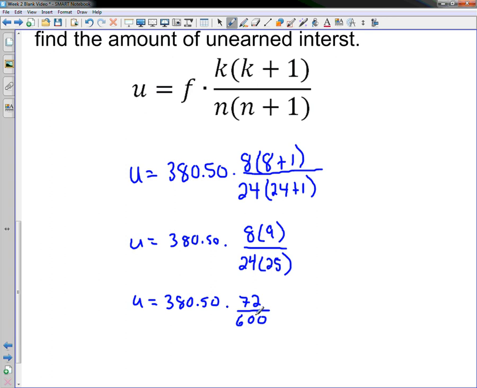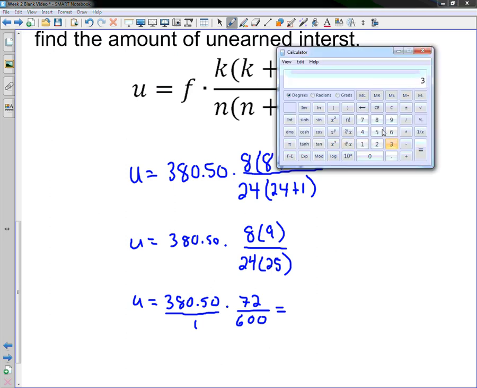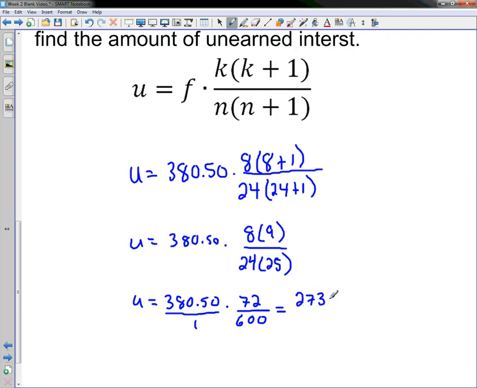Now I can go ahead and try to reduce this, or we can just go ahead and multiply it since we're using our calculator. Remember, this is over 1. So I'm going to take the numerators and multiply them together. So I have 380.5 times the 72. That gives me 27,396. So 27,396 divided by 600.